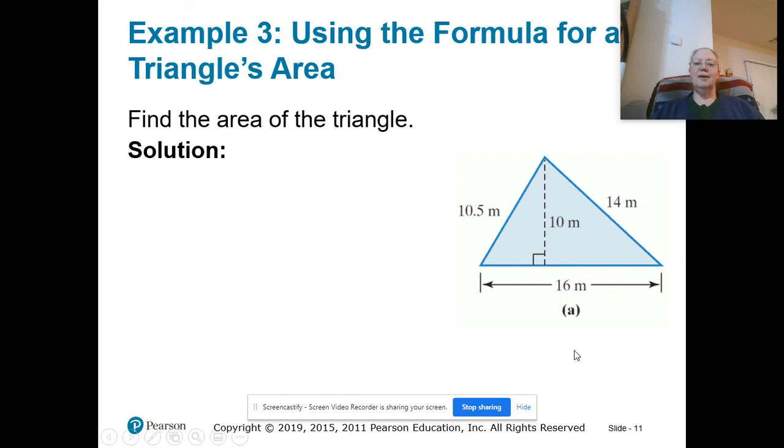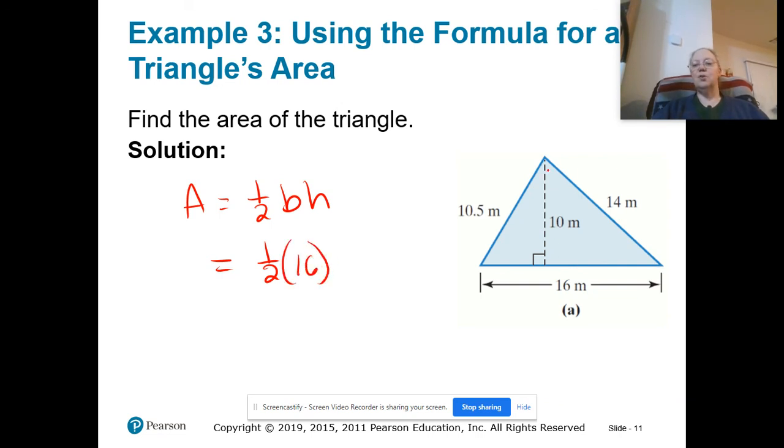Again, be really careful that you're using the correct measurement for the height. That has to be at this 90-degree angle here, and they'll show you with a little square. So area is 1/2 base times height. 1/2, our base is right here, 16.